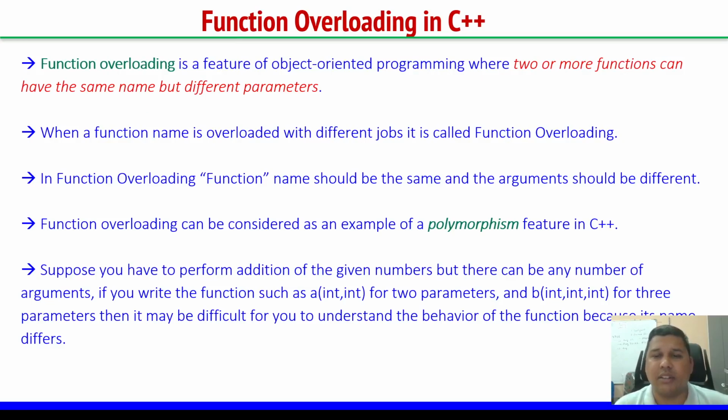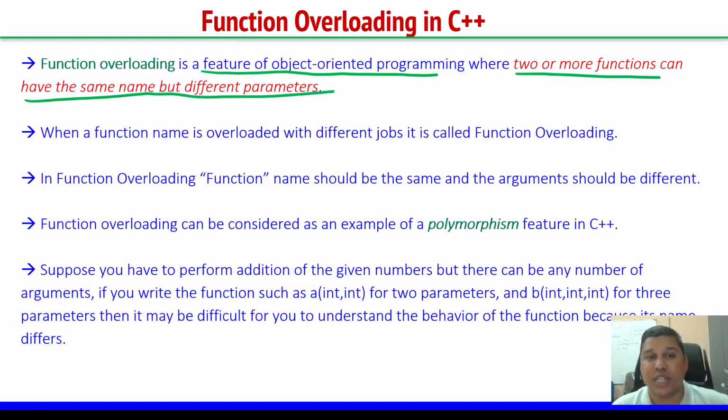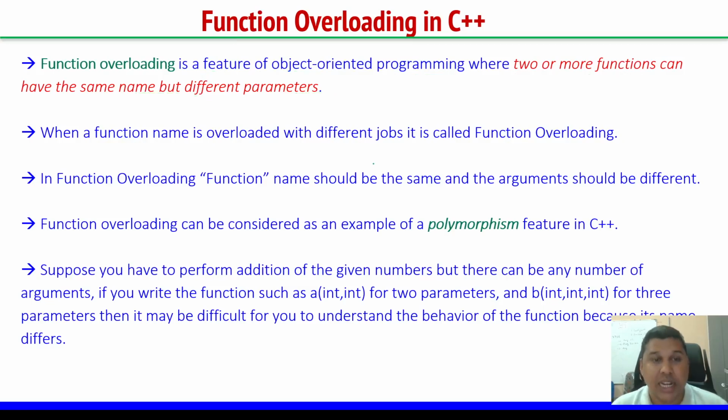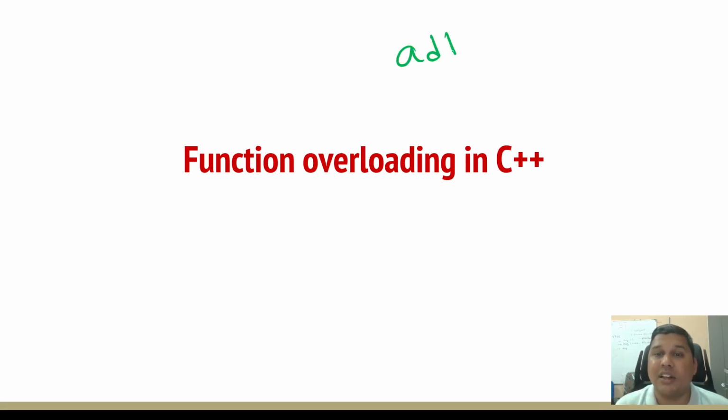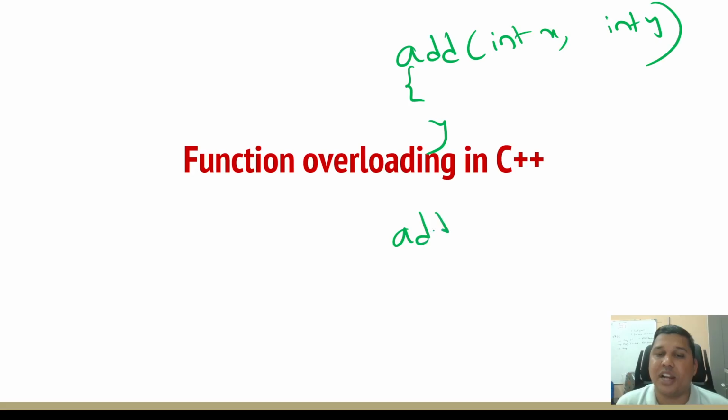Function overloading is an important feature of object oriented programming where two or more functions can have the same name but different parameters. In C programming, you cannot have one function, add int x comma int y, and another function, add int x comma float y.